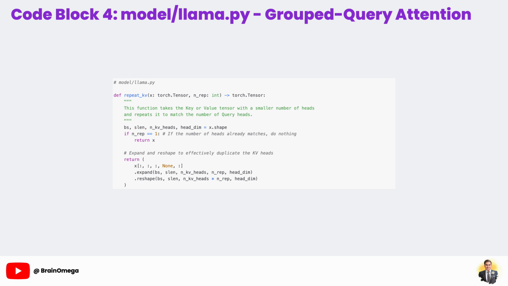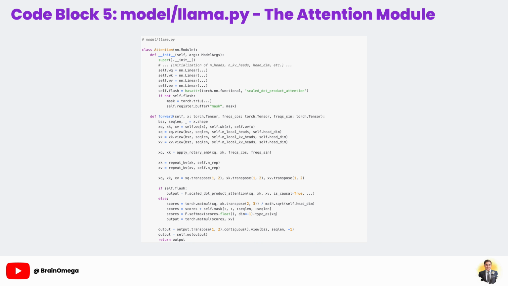Alright, let's assemble all these advanced components into our main attention module. In the init method, we first calculate all our head dimensions based on the model args. We define our 4 crucial linear layers, WQ, WK, and WV, to project the input into query, key, and value vectors, and WO for the final output projection.